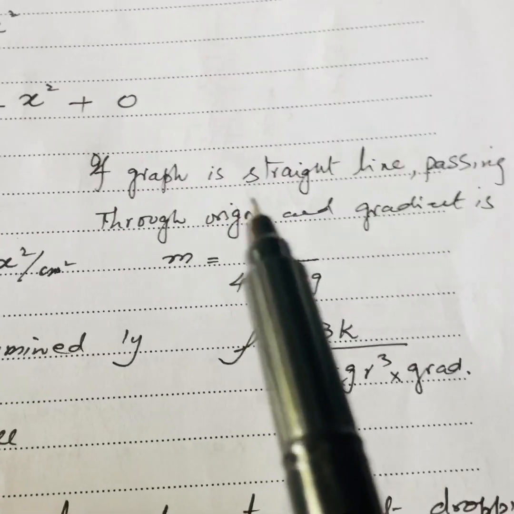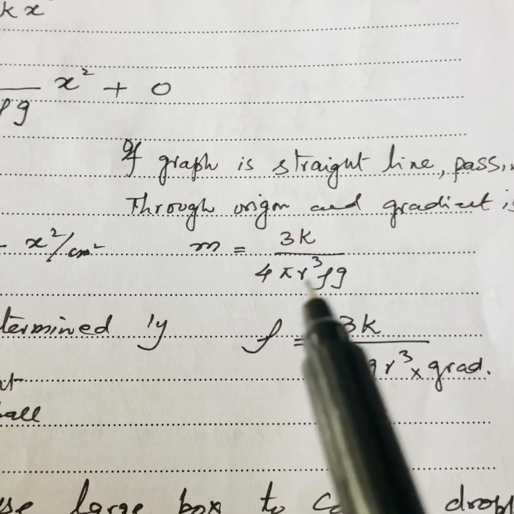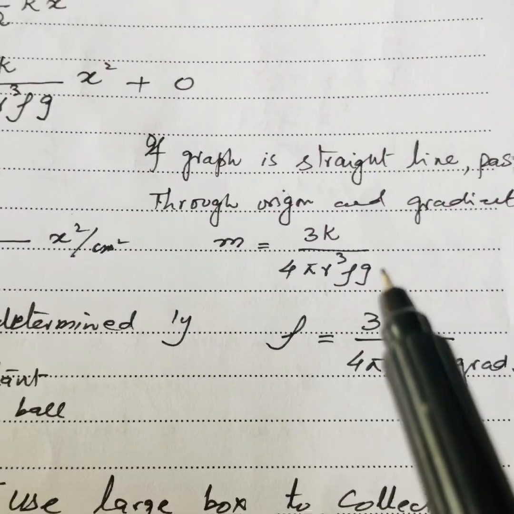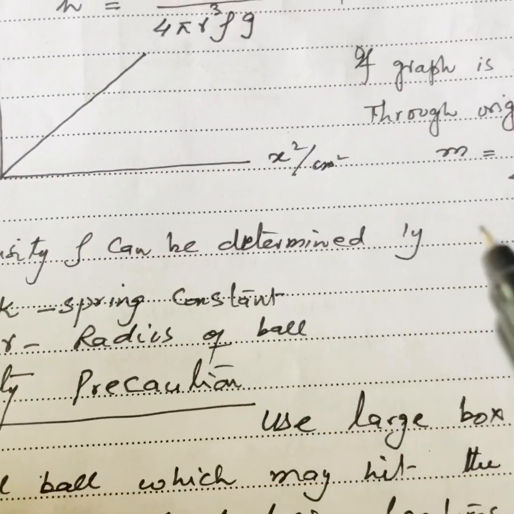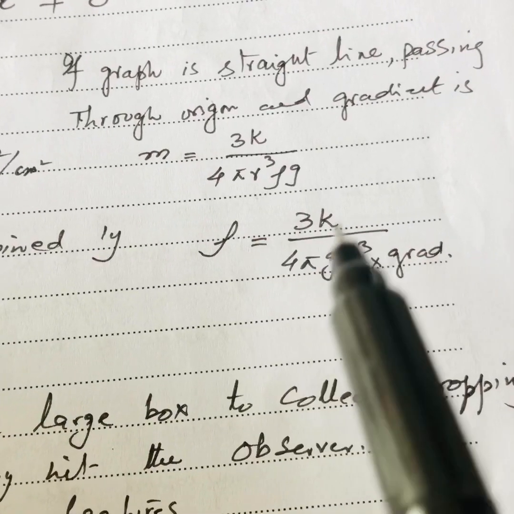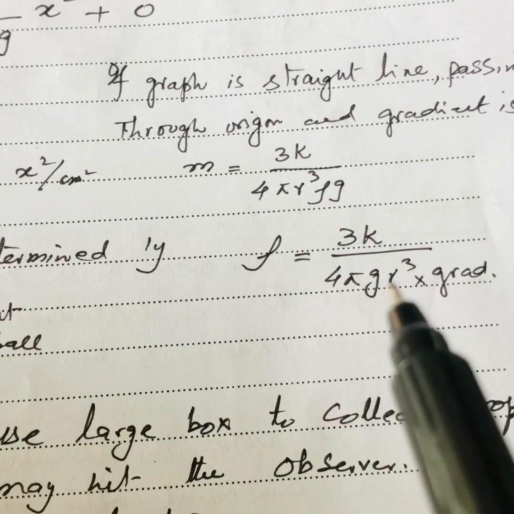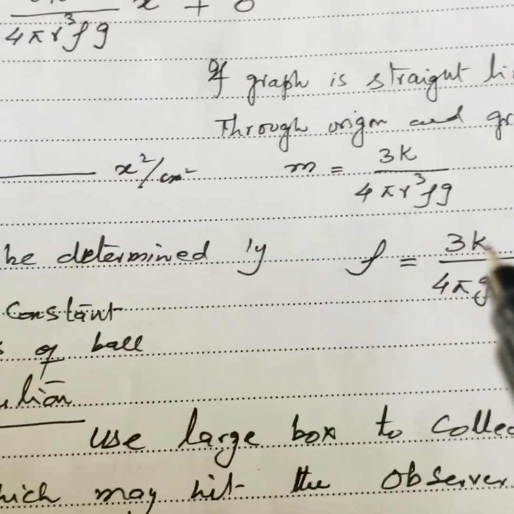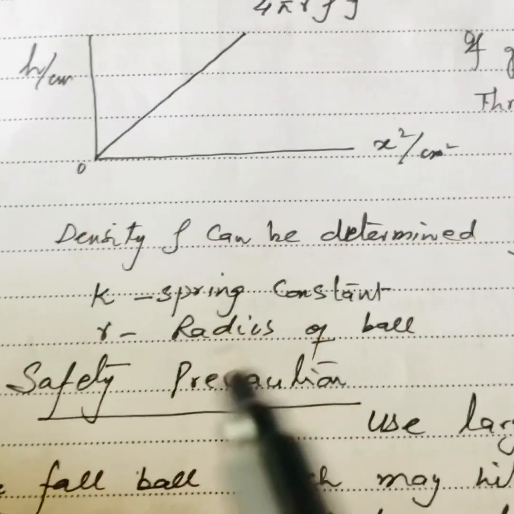If the graph is a straight line passing through the origin and the gradient is 3K over 4 pi R cubed rho g, then the relation is justified, okay? And the density rho can be determined using the equation rho is equal to 3K over 4 pi R cubed g times the gradient. The radius is measured from the vernier caliper and K is measured from the spring load, F equals k e.